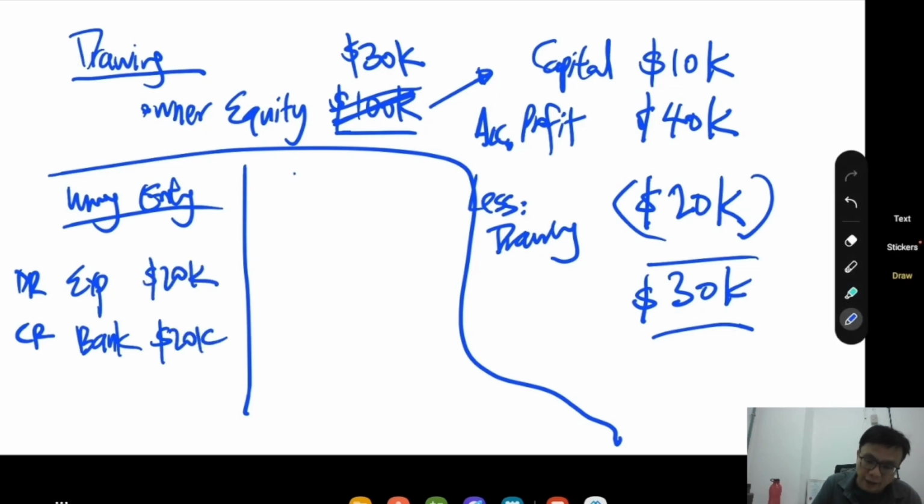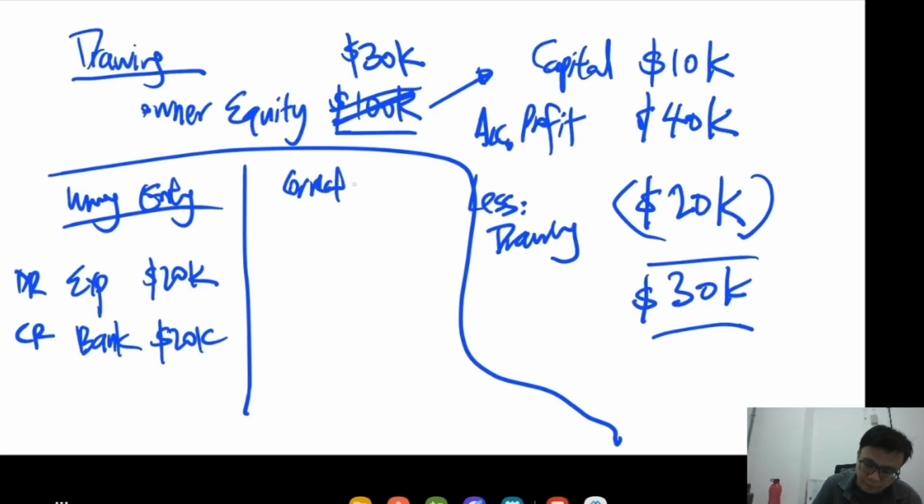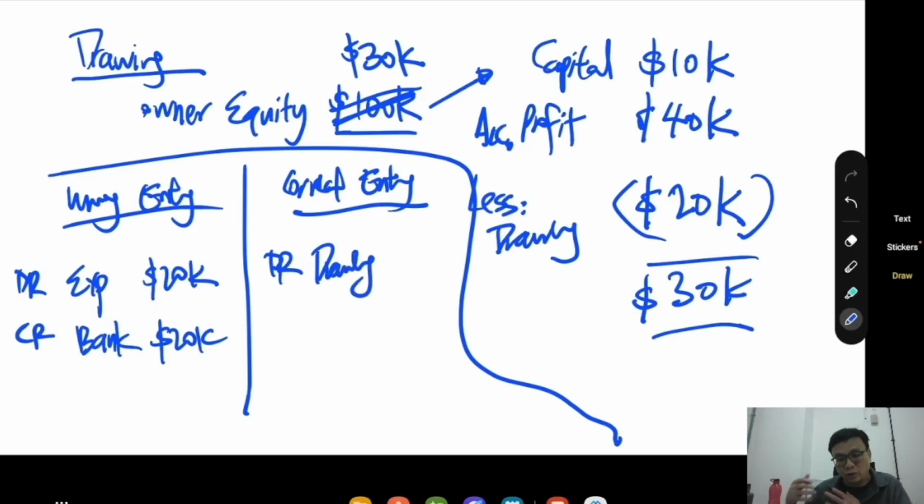We know that the correct entry is to debit drawing, of which drawing is a contra account inside the owner's equity presentation.